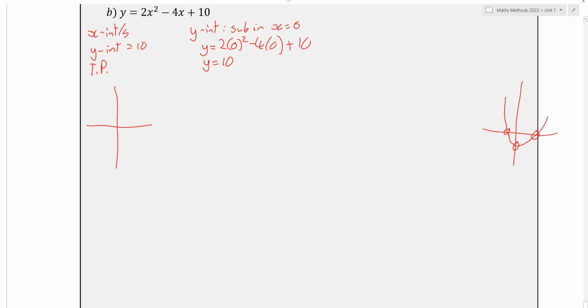The x-intercept is a bit trickier, because remember, we can have no x-intercept, one x-intercept, or two x-intercepts. Does anyone remember the easy cheat way to find out how many answers there are going to be?